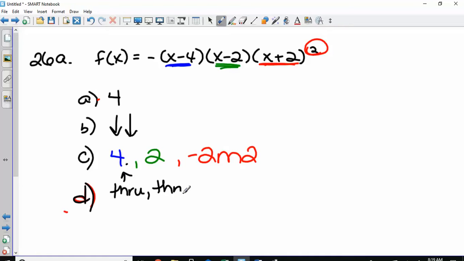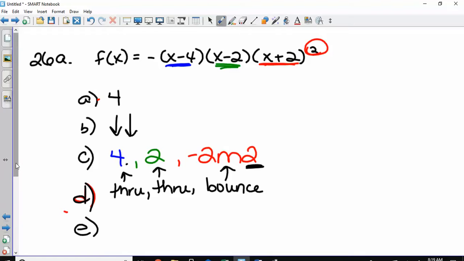We will go through at 2. And we will bounce at negative 2 because of that multiplicity of 2. Every time there's an even multiplicity, like 2, 4, 6, 8, it bounces.